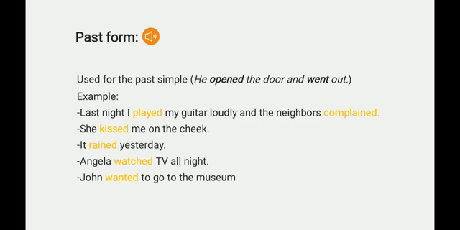There are many terms where the whole word is changed, like when you use go in the present, it changes to went in the past. So the moment you use the term went, you are talking about the past. So these are certain simple past terms, and it is the second form of verb. For example, he opened the door and went out.